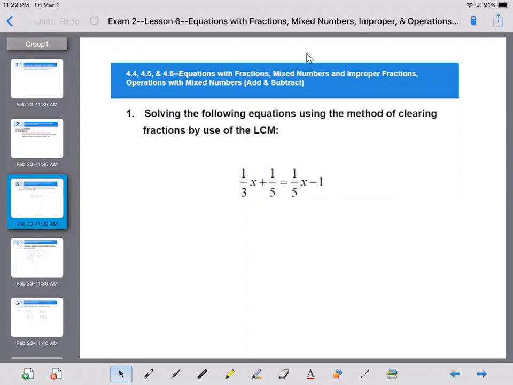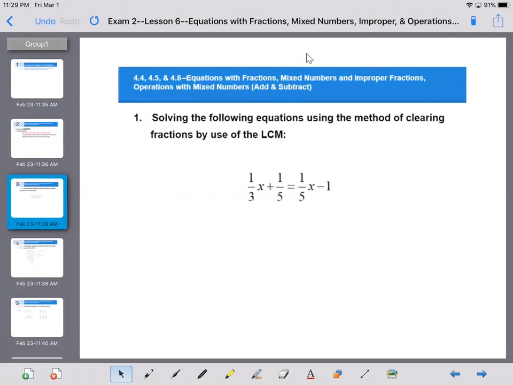So if we're looking at this first one, we want to look and see, I've got 3, 5, and 5. So the LCM in this case would be 15. So what we're going to do is take the equation that we have and multiply the entire equation by 15.